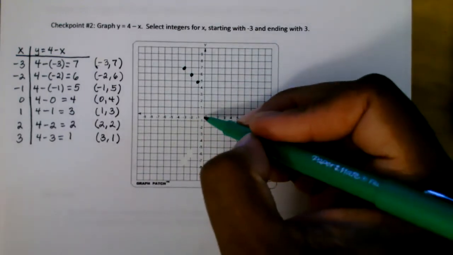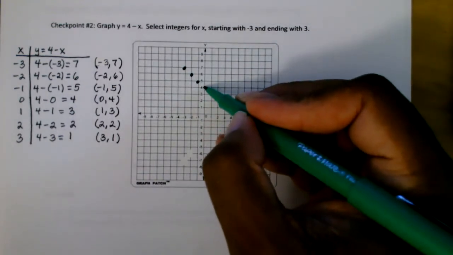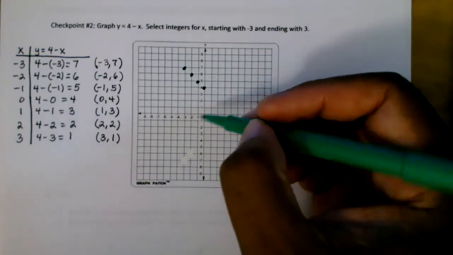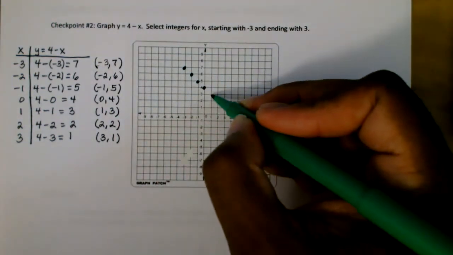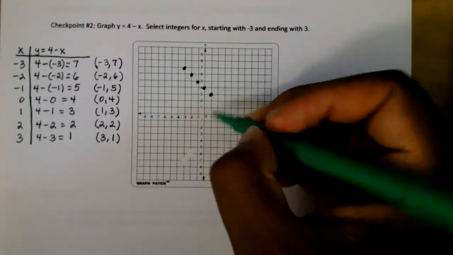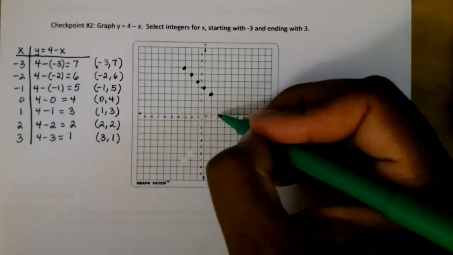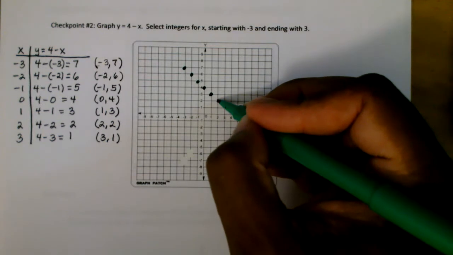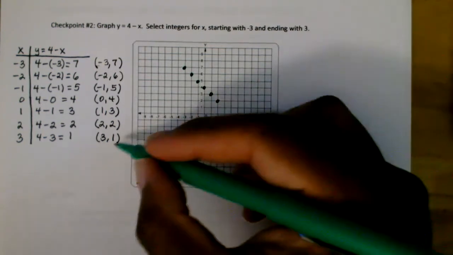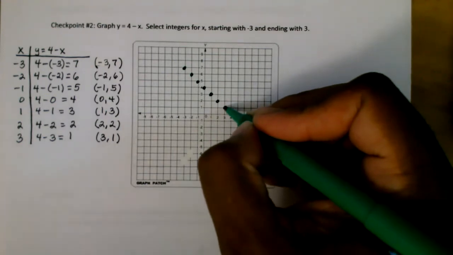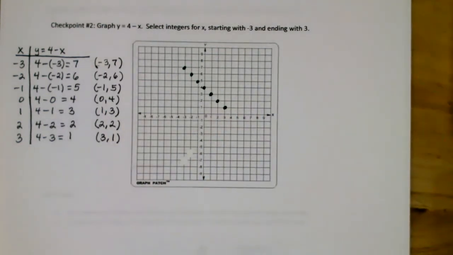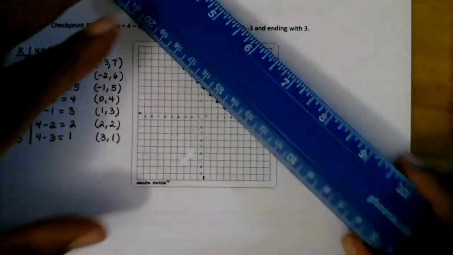And then for 0, 4, we stay at 0, but go up 4. So that point is on the y-axis. And then 1, 3 will be to the right 1 and up 3. And then for 2, 2 will be to the right 2 and up 2. Finally, for 3, 1 to the right 3 and up 1. So as you can see, those points form a straight line.